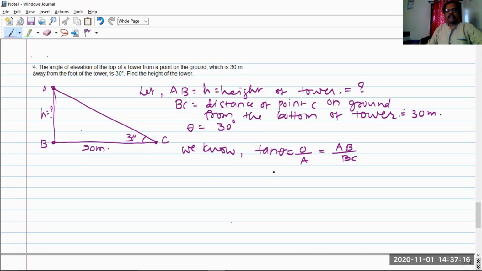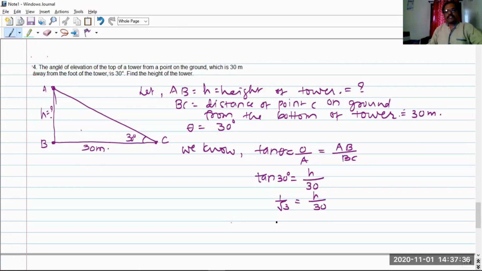So now put the value. Theta is 30. So tan 30 is equal to AB, which is H, we need to find, over BC, which is given as 30 meters. So how much is tan 30, students? It is 1 by root 3, which is equal to H upon 30.